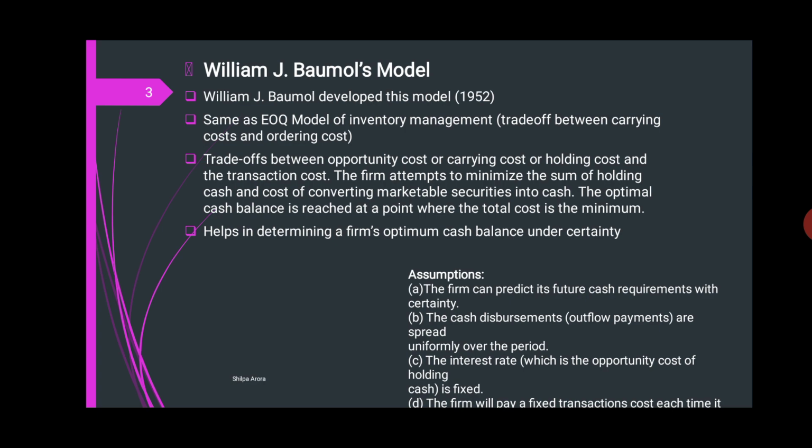It assumes that the firm uses the cash at an already known rate, or it is certain. The cash disbursements, means outflow payments, are spread uniformly over the period. The interest rate also remains fixed or constant. The firm will pay a fixed transaction cost each time.